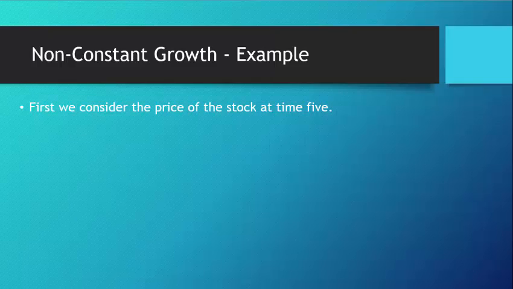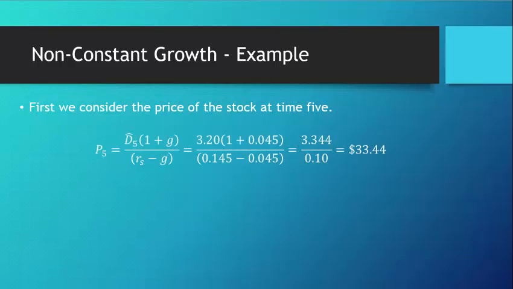The price of the stock at time 5 will give me the value in time 5 of all of the cash flows after that. Why did I choose time 5? Because after time 5 we're assuming a constant growth. So time 5 is the time to start doing that, because then I can use the Gordon growth model.